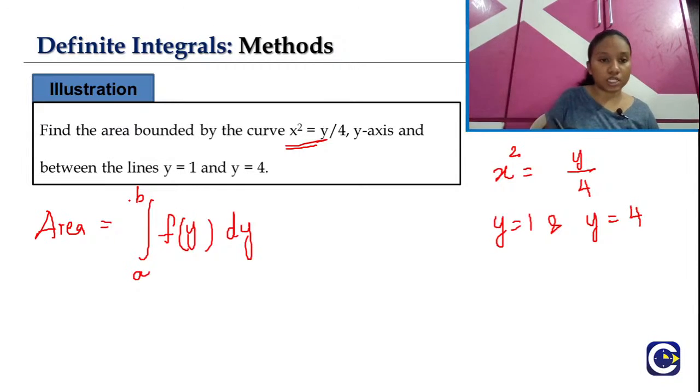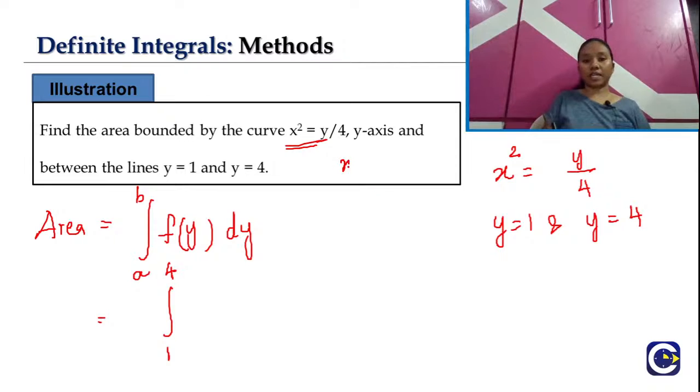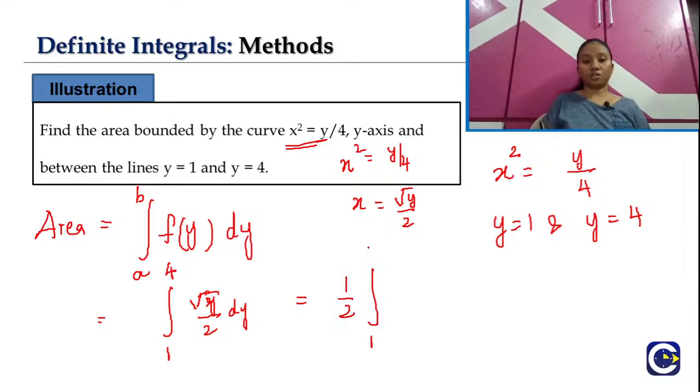So here, what are the limits? The limits will be integration from 1 to 4, and our given curve is x square equal to y by 4, but we have to take x, that means root y by 2. So here the function will be root y by 2 dy, which is equal to 1 by 2 integration from 1 to 4 of y power 1 by 2 dy.